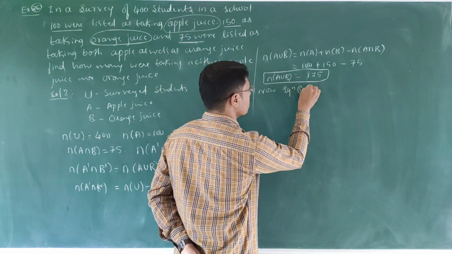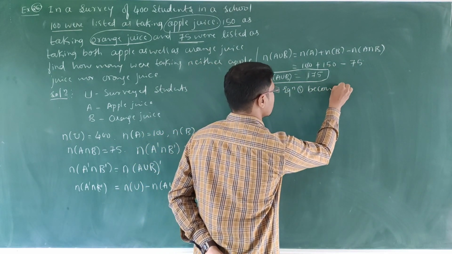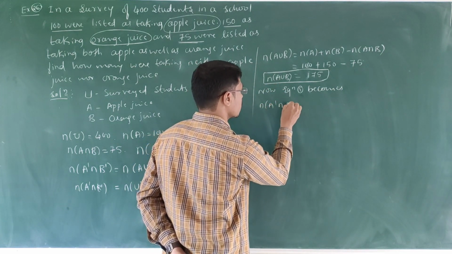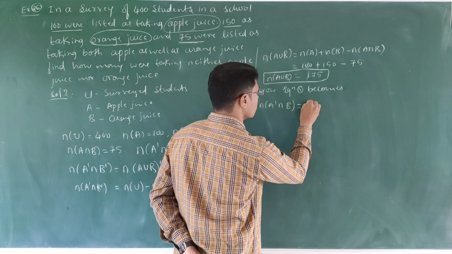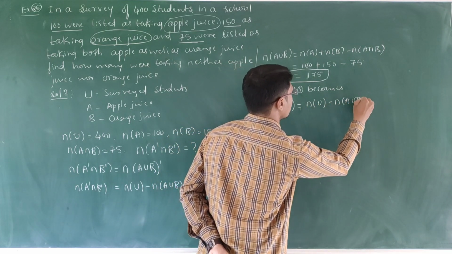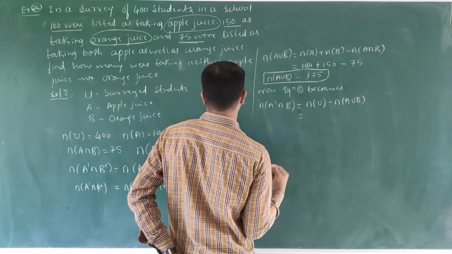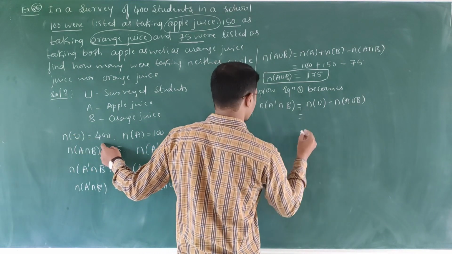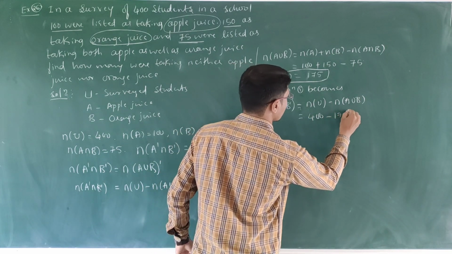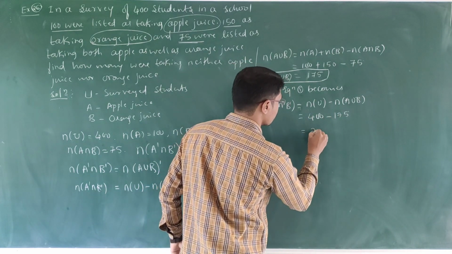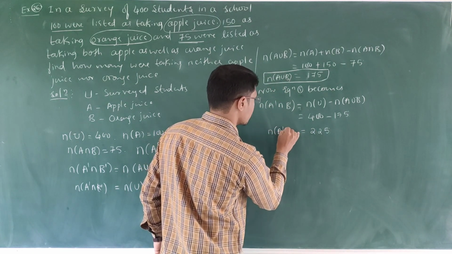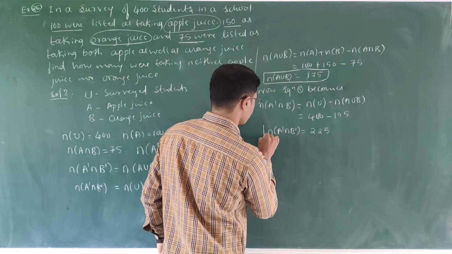Now equation 1 becomes n of A dash intersection B dash, this is equal to n of U minus n of A union B, okay. n of U, the universal set, contains 400 students, 400 minus 175, this is equal to 225, n of A dash intersection B dash.